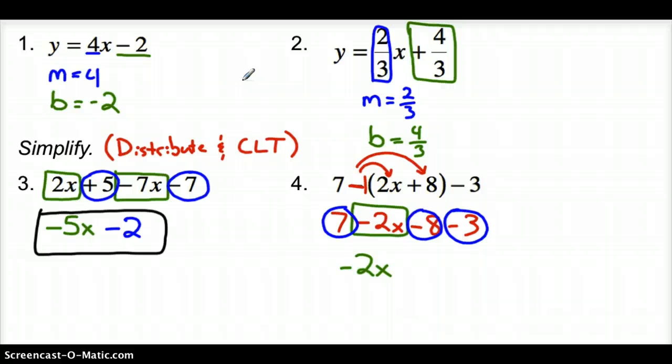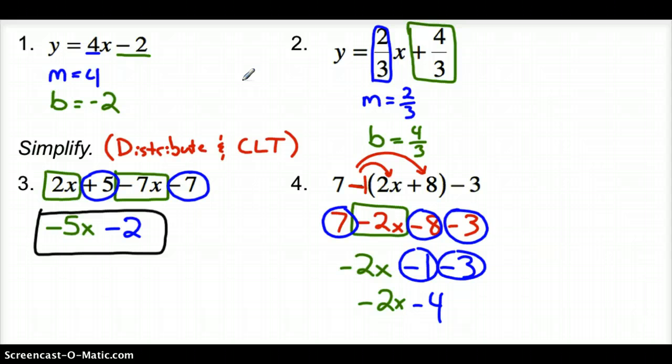Okay, so maybe I'll just do the 7 and the negative 8 first, and I know that if I put those two together, that's going to give me a negative 1, and I'll worry about the minus 3 afterwards. Okay, again, I know that these are still like terms, the negative 1 and the negative 3, and if I add them together, I get a negative 4. So my final answer here in simplified form is just going to be a negative 2x and then a minus 4. Okay, and that is going to be our final answer.